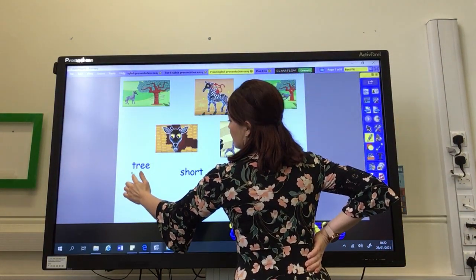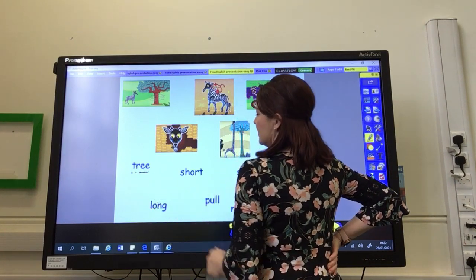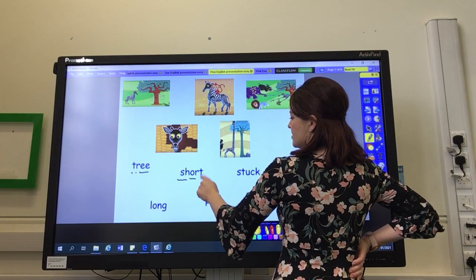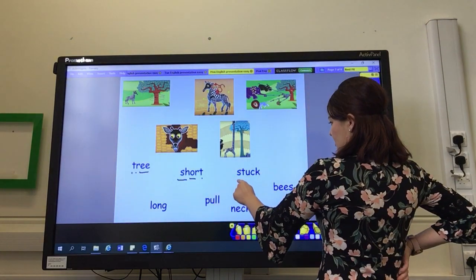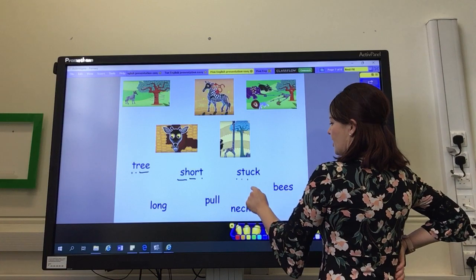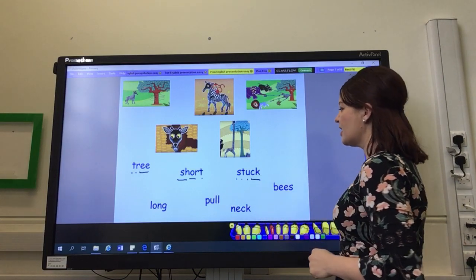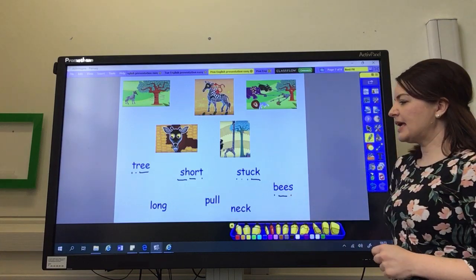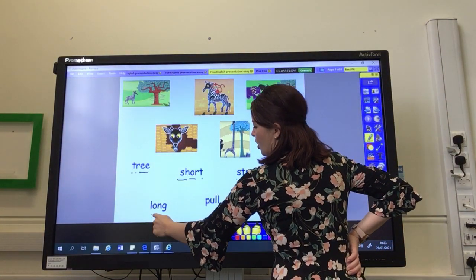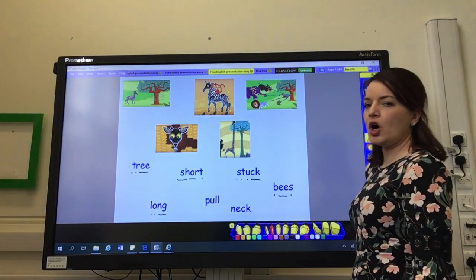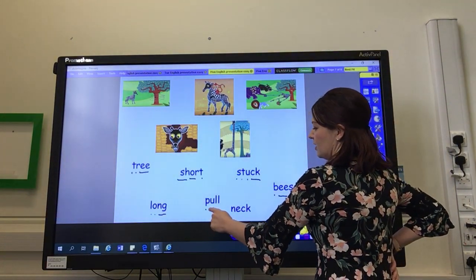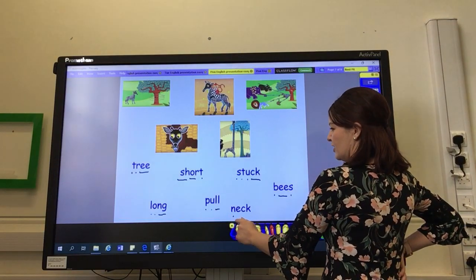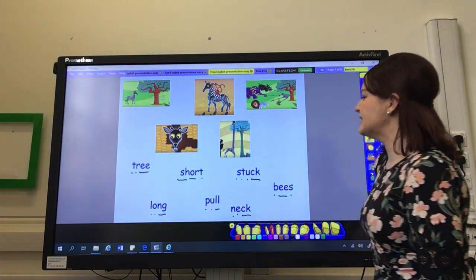We've got tree, short, stuck, bees, long, pull, and neck.